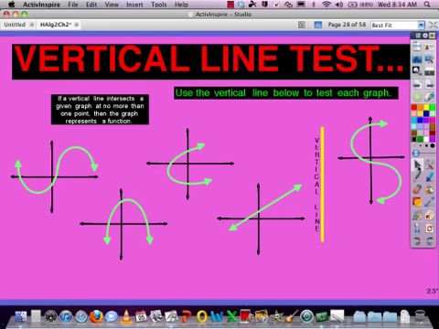So if you take this vertical line, and we'll bring it down here to this end, and start running it through this graph, the yellow is hitting the green graph in only one spot at a time. If it would hit in more than one spot, then we'd have that 2 y value combination, and up here it says the graph can only represent a function if it hits in no more than one.